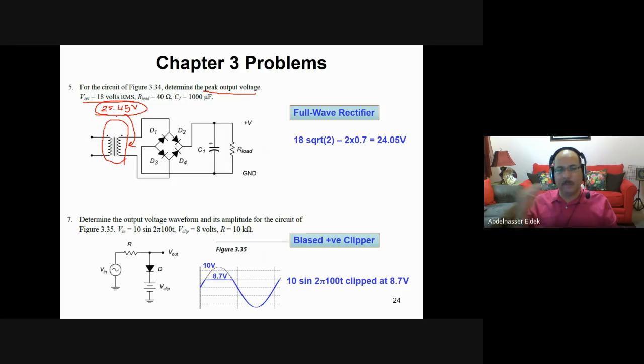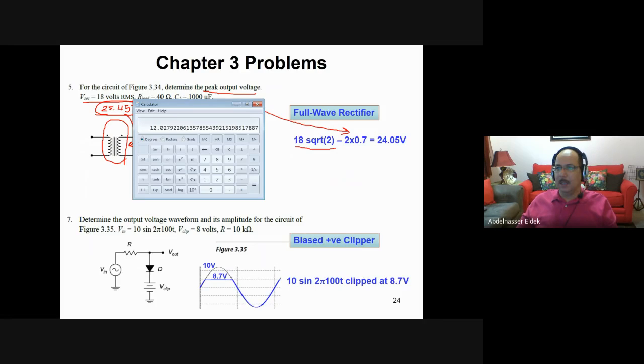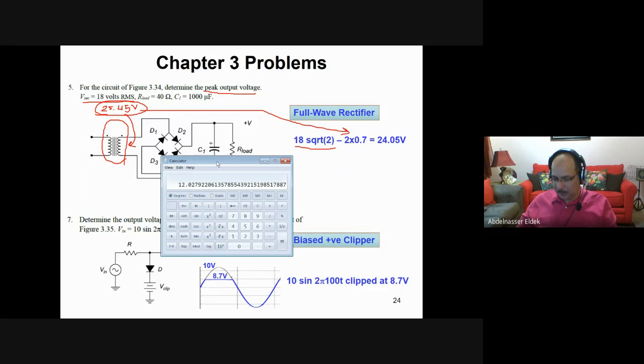Minus 1.4 volt, because we have a voltage drop on 2 diodes. So use this one minus 2 times 0.7 volt, which is 1.4. So 25.45 minus 1.4 is 24.05 volt.